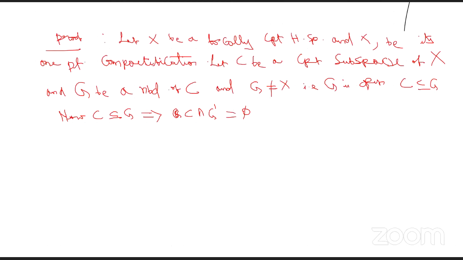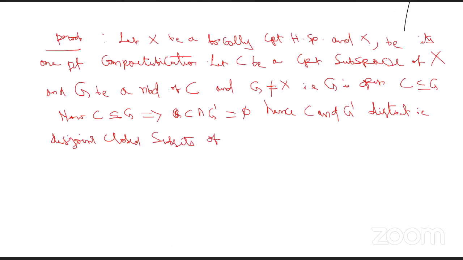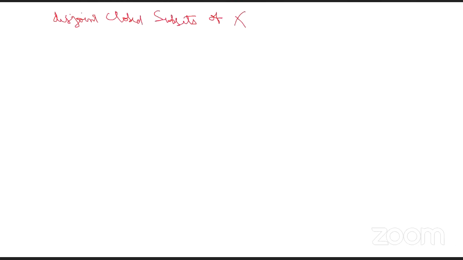Hence C and G dash are disjoint closed subsets of X.